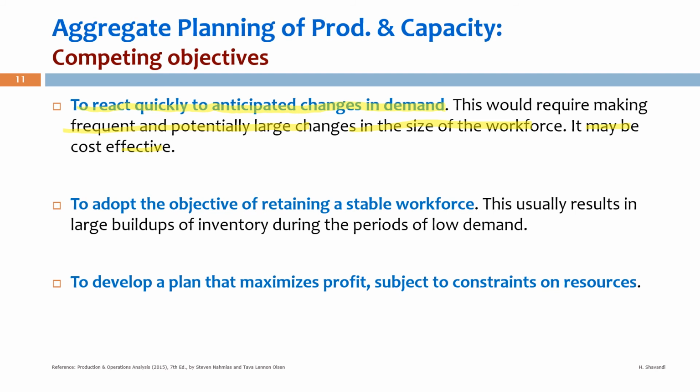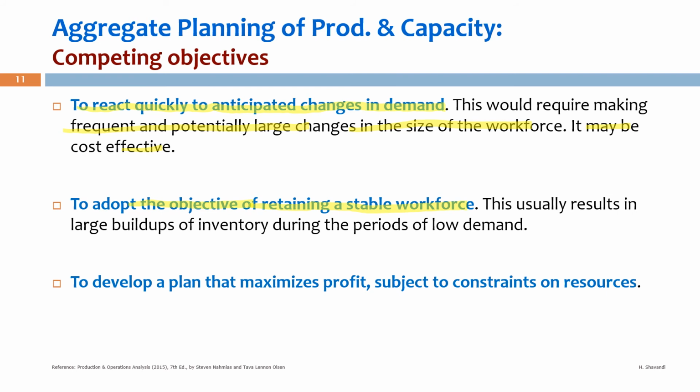The second, the other extreme case here, is to adopt the objective of retaining a stable workforce. Here we're not going to quickly respond to the anticipated changes in demand. We're going to keep our level of workforce the same over time.